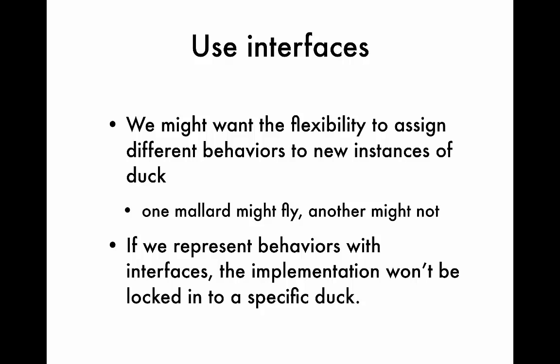For example, FlyNoWay will make the duck not fly at all. FlyWithWings may make the duck fly like a normal duck. And FlyLikeARocket may make the duck take off like a rocket. If individual duck objects program to interfaces instead of individual implementations, then they're going to have the ability to use any of the implementations that implement that interface.